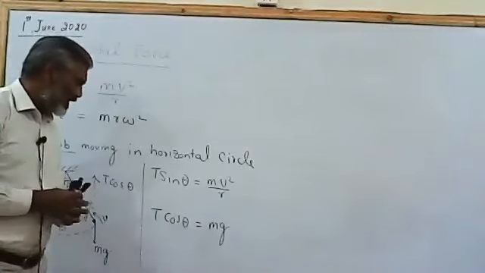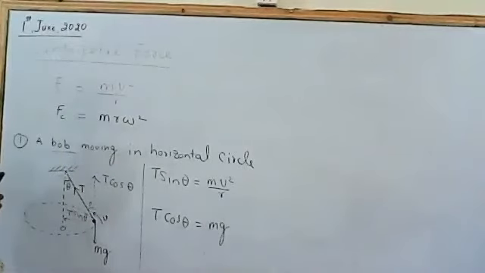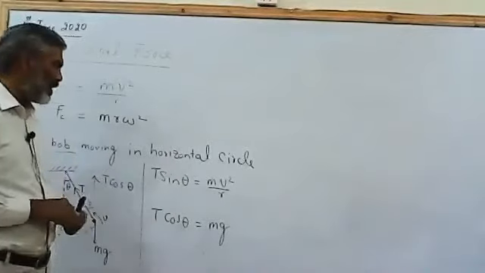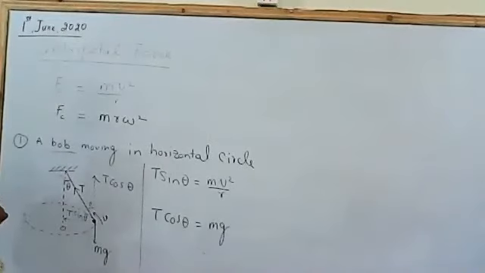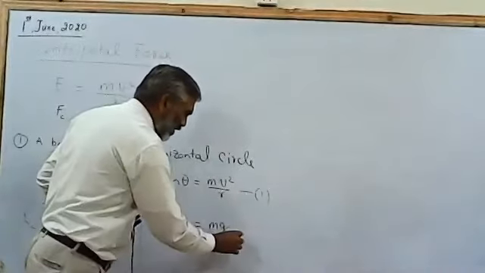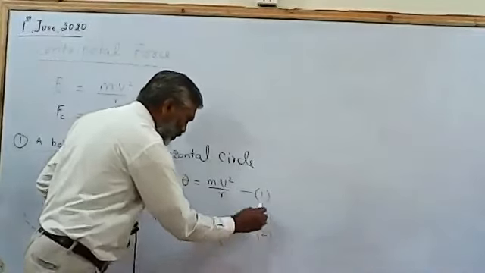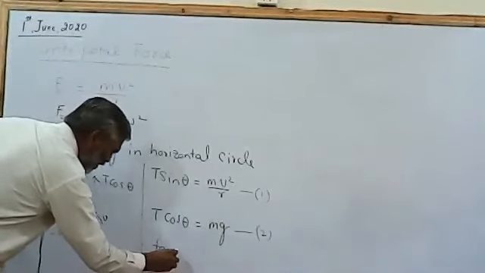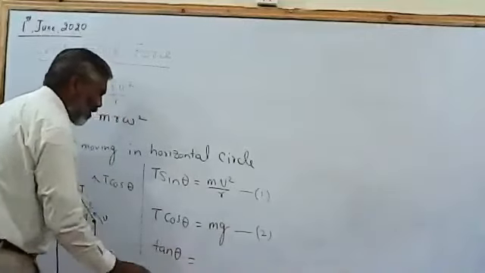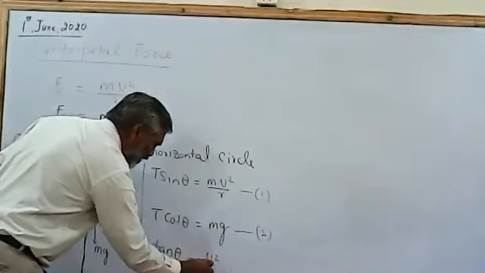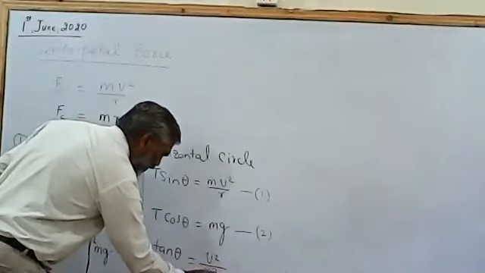From these two, it can be found that theta has a relationship with the speed. If I divide equation number 1 by equation 2, I get tan theta equal to v square over rg.